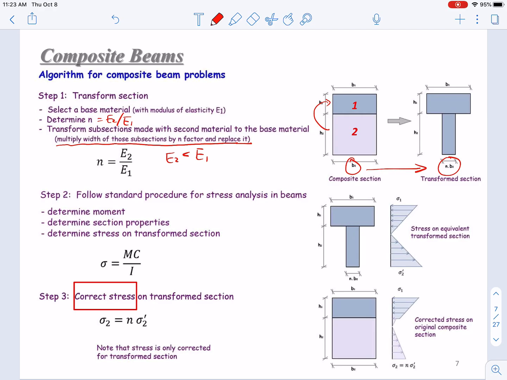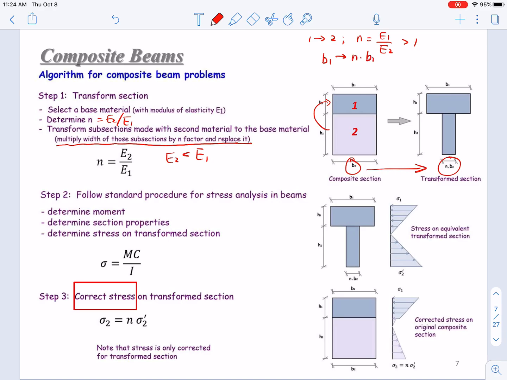Of course, as we mentioned, you can also transform material 1 into material 2. So in the second case, if you transform 1 into 2, then your n will be E1 over E2. That will be larger than 1, right? So then B1 will become n times B1.